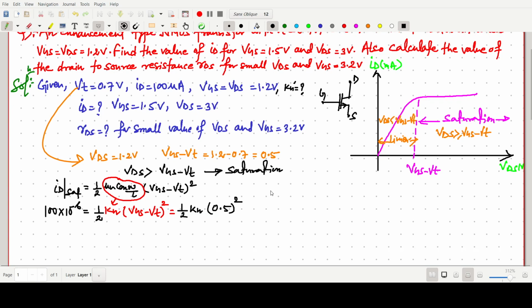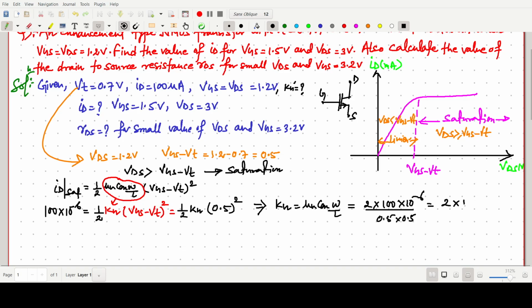From this we can easily find kn, that is our mu n Cox W by L, the process transconductance parameter. Its value will be 2 into 100 into 10 to the power minus 6, divided by 0.5 into 0.5.